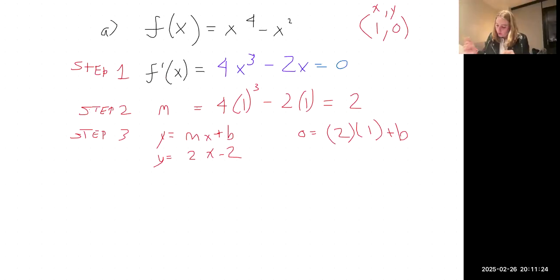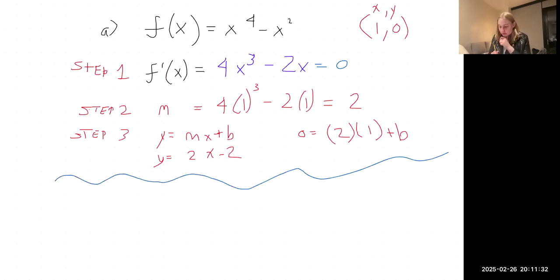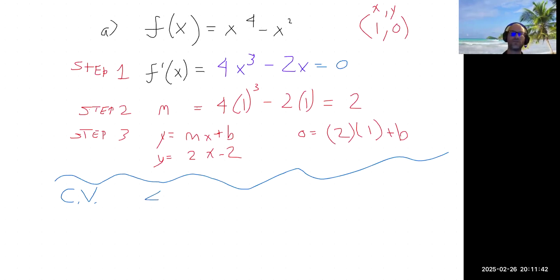So after we found the derivative, set the derivative equal to 0. That's going to be 4x cubed minus 2x equals 0. What do we do first to solve for x?